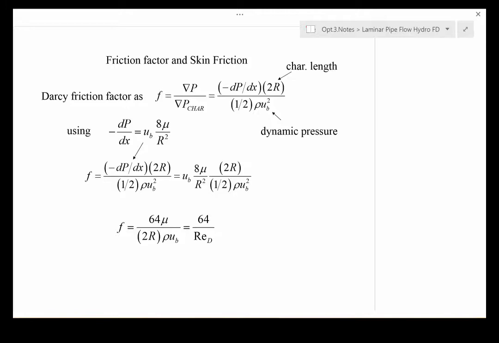So the friction factor, the Darcy friction factor, f, is really defined as a pressure gradient divided by a characteristic pressure gradient. The pressure gradient in this case is nothing more than dp dx. We're normalizing it by what we're saying is a characteristic pressure gradient, and we're ignoring the sign issues right now.